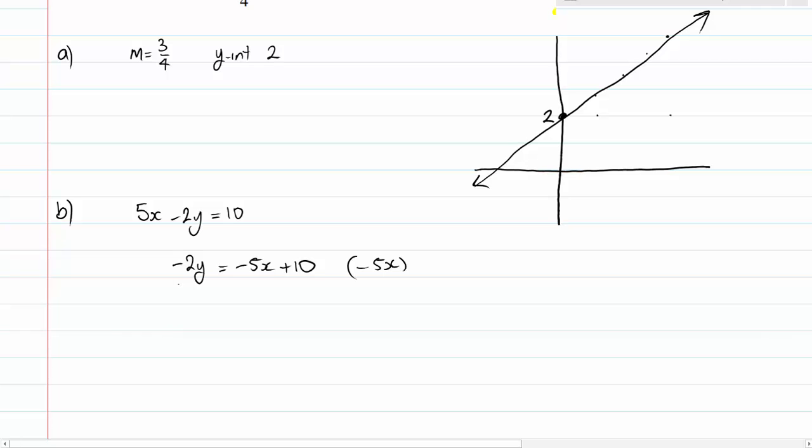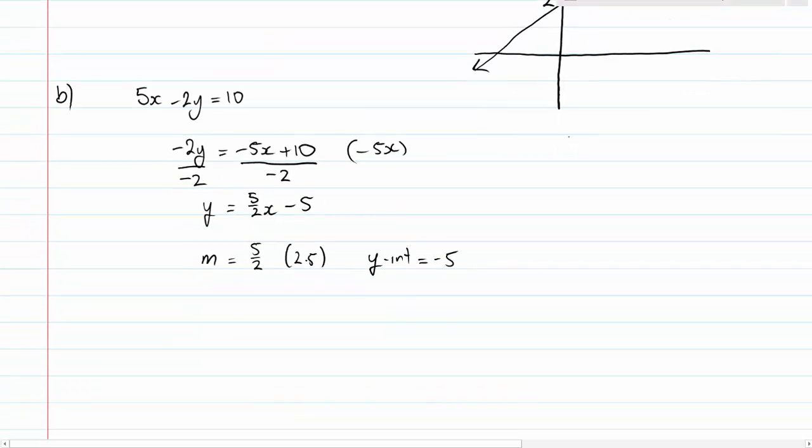Now I divide by -2, and I end up with y is equal to 5/2 x, because the negatives cancel, and then minus 5. So I have an m value of 5/2, or 2.5, and a y-intercept of -5.